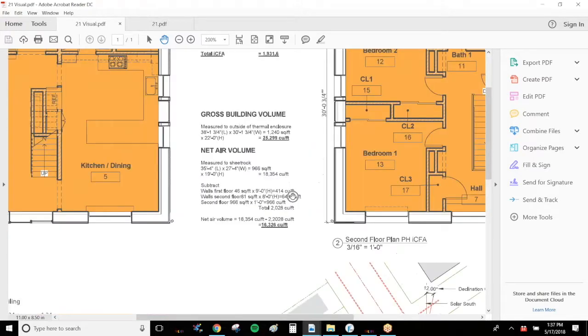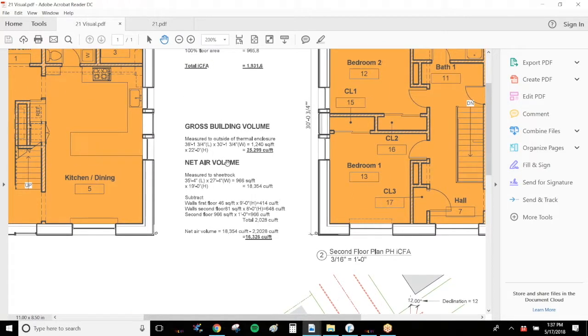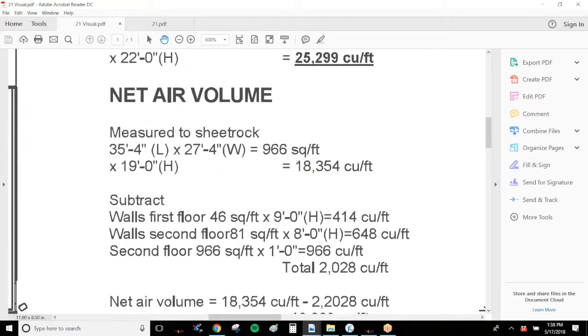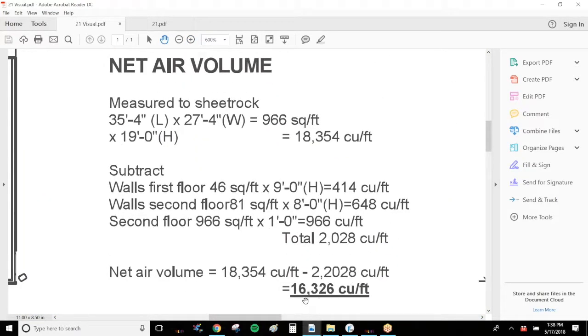So this particular project did a calculation for us. They measured to the sheetrock or the drywall on the inside, and then they subtracted the walls, first floor, second floor, the actual floor structure, and determined that the net air volume is 16,326 cubic feet.